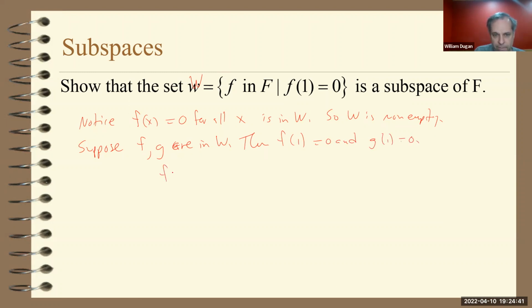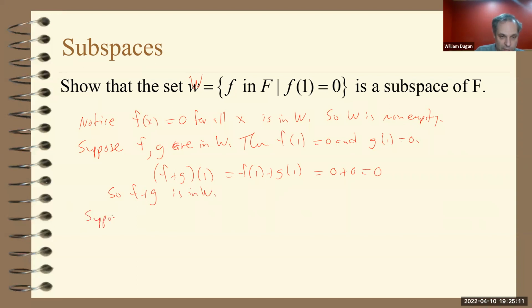But then f plus g of 1, remember the definition of f plus g of 1 is f of 1 plus g of 1. That's the definition of function addition. You've had that definition way back when, but you have not had many opportunities to actually use it. But that's just 0 plus 0, which is 0. So we have the function f plus g that is in W.